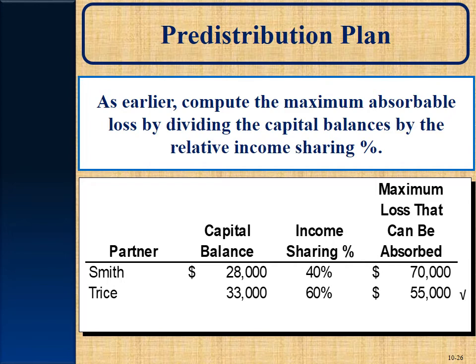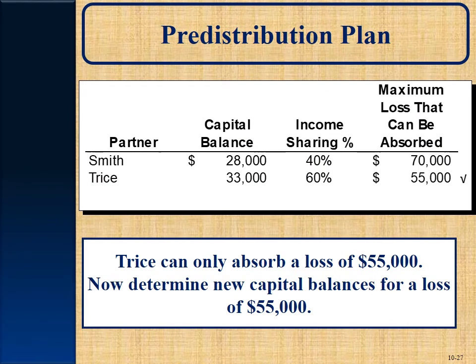Well, Smith, based on his new capital balance of 28,000, 40% income sharing, can absorb a $70,000 loss. Trice, based on his new capital balance of 33,000 and income sharing just between him and Smith of 60%, can absorb a $55,000 loss.